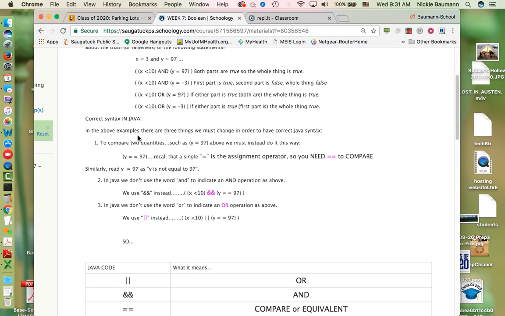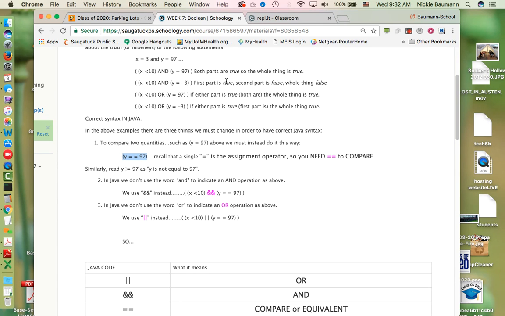If we had to compare the two quantities, if we take this first statement, y is equal to 97, in Java, we would code it as y double equals 97. So recall that a single equal sign means it's assigning, like a number is being assigned to a variable.